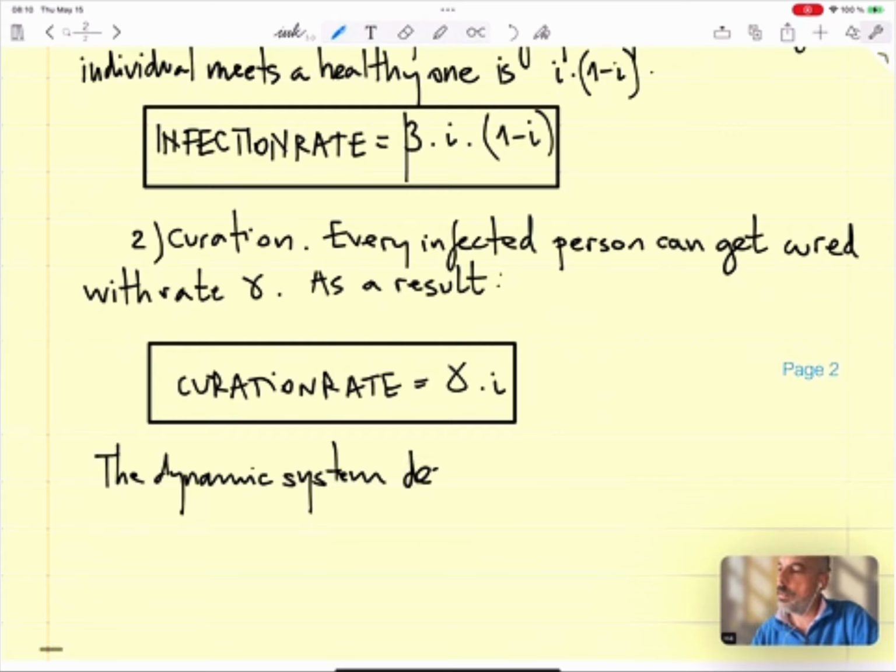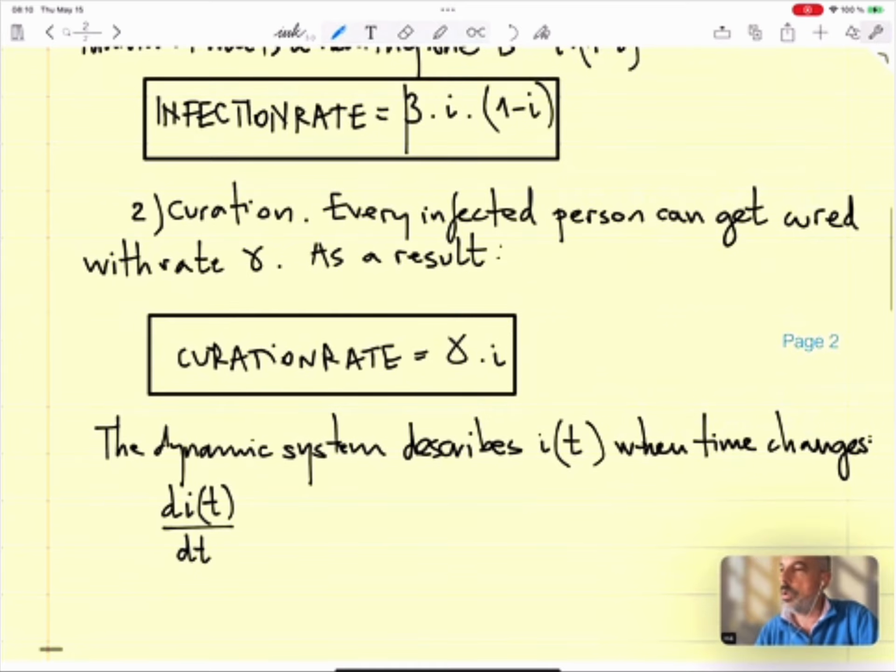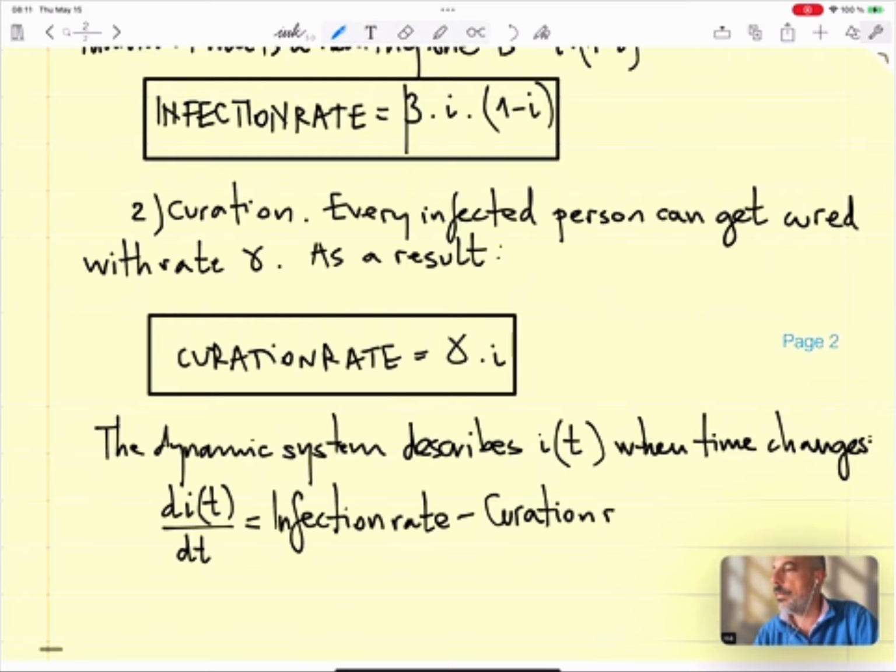So the dynamic system describes I as a function of t when time changes. Okay, so the change of I as a function of t is going to equal the infection rate minus the curation rate, right?